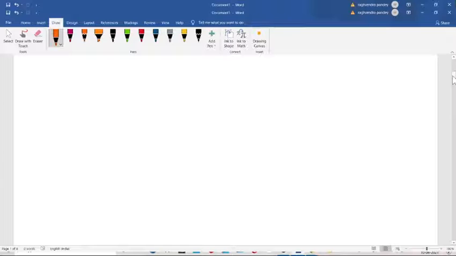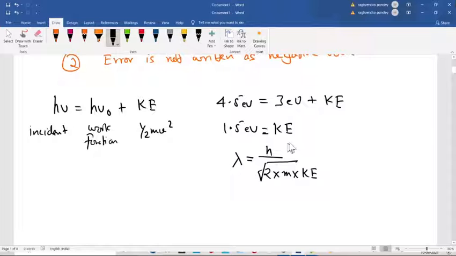The mass of the electron you know, and the kinetic energy is 1.5 electron volt, converted into joule, and h. I'm not giving you the calculation, but when we put the kinetic energy as 1.5 electron volt and do all the calculation, we get 10 angstrom. So just writing the required one: under root 2 into mass of electron into 1.5. Whatever the value, it will come as 10 angstrom.